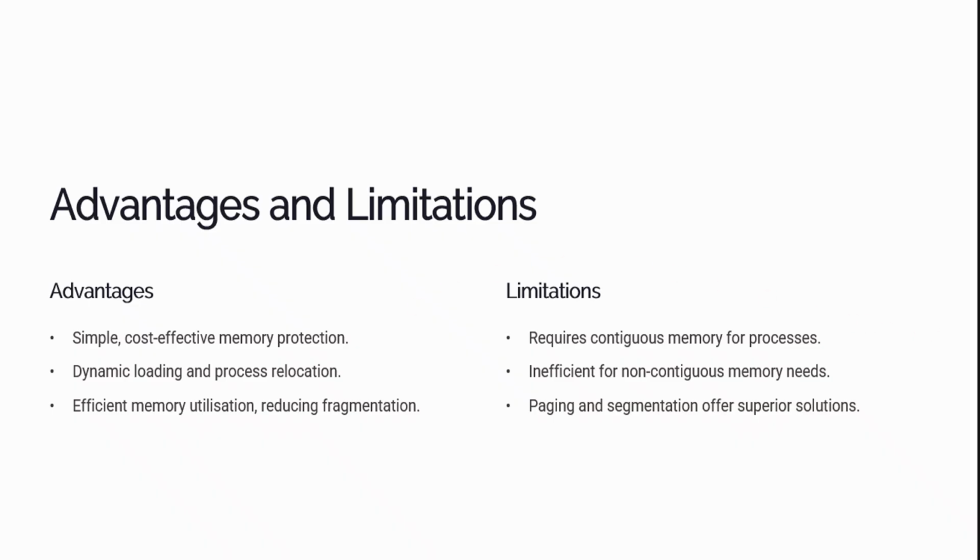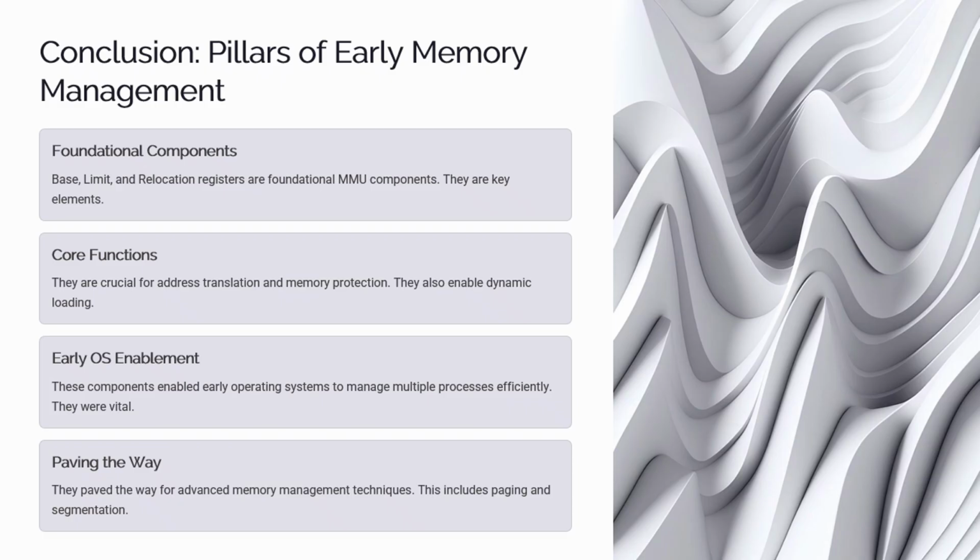To conclude, the pillars of early memory management: base, limit, and relocation registers are foundational MMU components. They are key elements with core functions. They are crucial for address translation and memory protection.